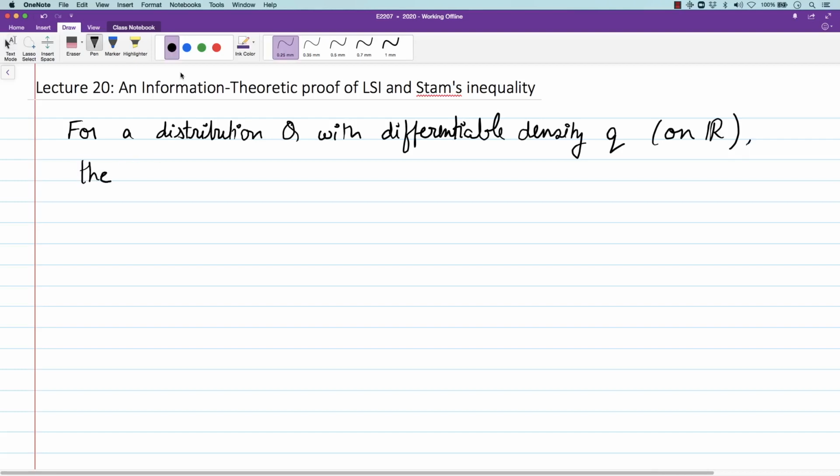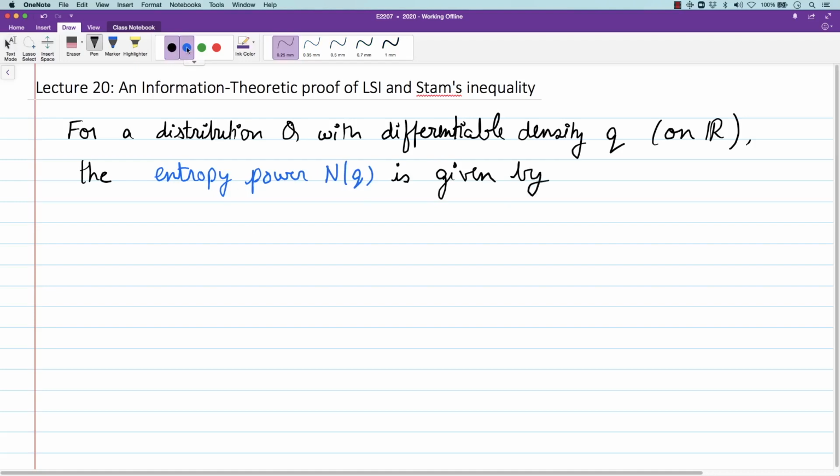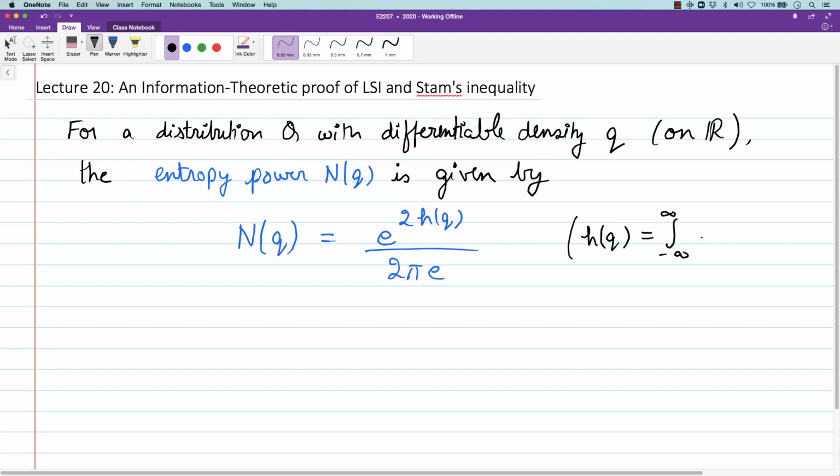The first quantity was the entropy power N of Q, given by N(Q) equals e to the power 2 by differential entropy of Q, divided by 2 pi e. Here H(Q), if you remember, was just the integral from minus infinity to infinity of q(x) ln 1 by q(x) dx. That's H(Q).